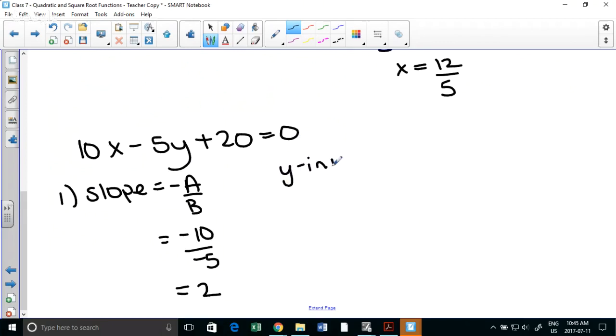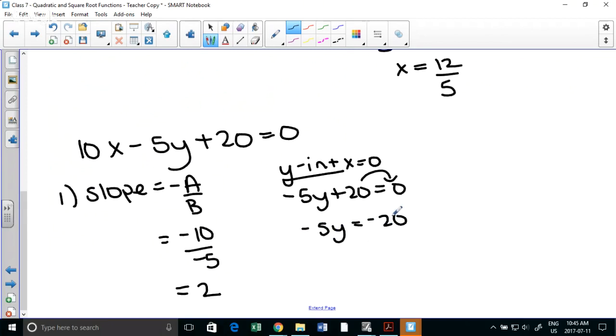The y-intercept happens when x is 0. So this term goes away. So I have -5y plus 20 equals 0. Moving the 20 over, dividing by -5 gives me y is 4.